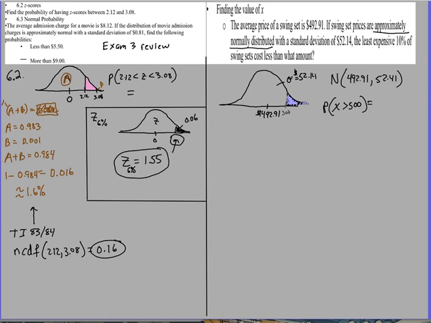I'm not in my z's. This is 492.91, and that there is $500. In this case, we want to use our StatCrunch.